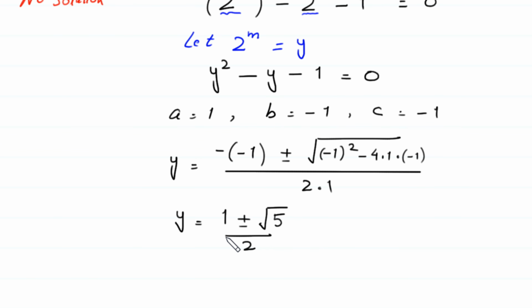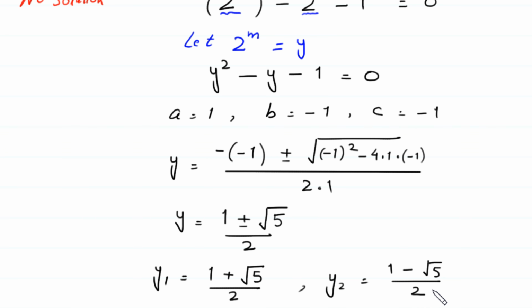So from here we get two values of y. y1 is equal to 1 plus square root of 5 over 2, and y2 is equal to 1 minus square root of 5 over 2.